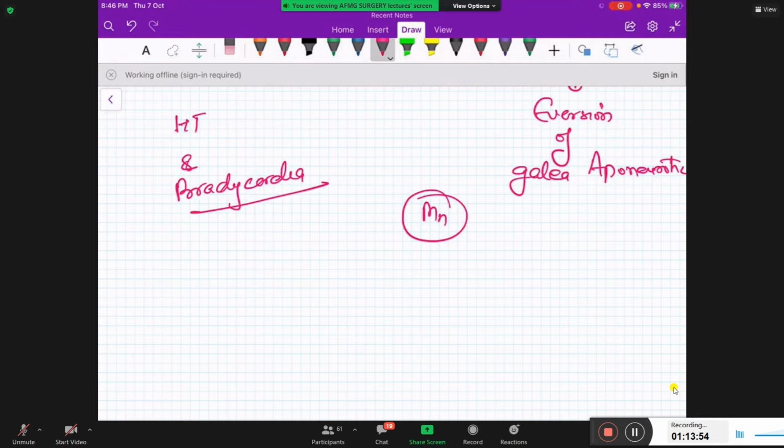So if a patient of head injury is in hypotension, it means there is bleeding happening somewhere else. So please be very, very careful about it.